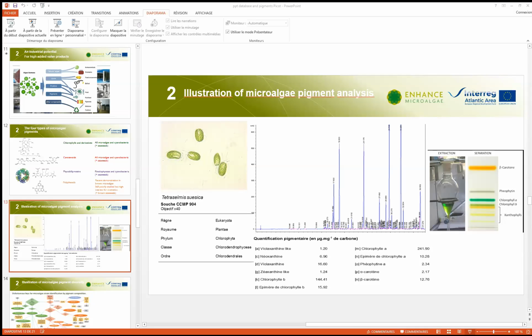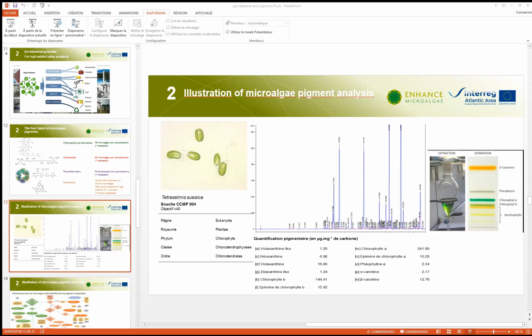Then you have to characterize the molecules, and you have to develop some relevant models to study pharmacological activity in cell culture, for example. And then you have to consider how to produce these compounds in high amounts, which is a limitation at the moment, and how to go to a marketing authorization for this compound.